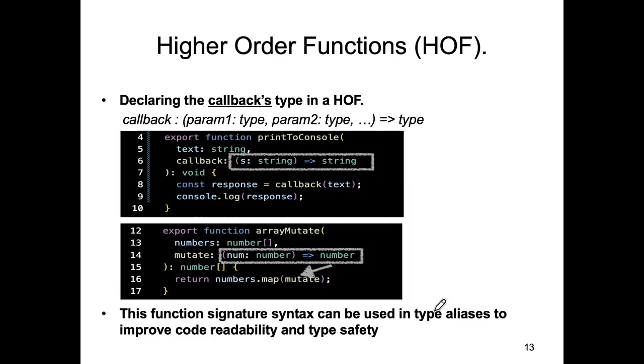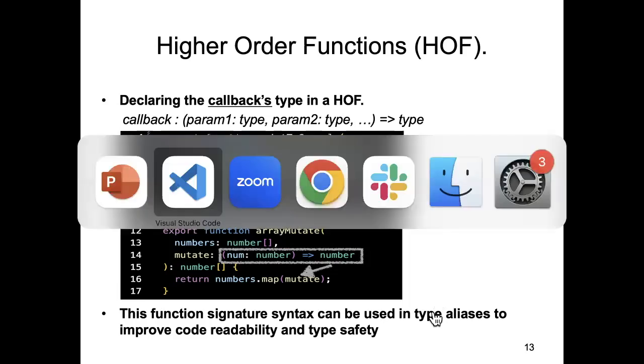And here's another use case for type aliases: when you want to declare a type and associate with that type a function's signature. So let's see some examples of that. It does actually get quite tricky, I'll be honest, when you start using these higher order functions and declaring the type of the callback associated with your higher order function.